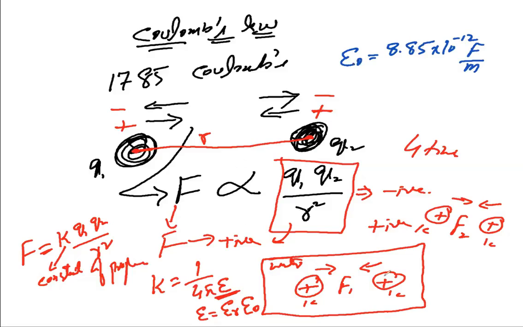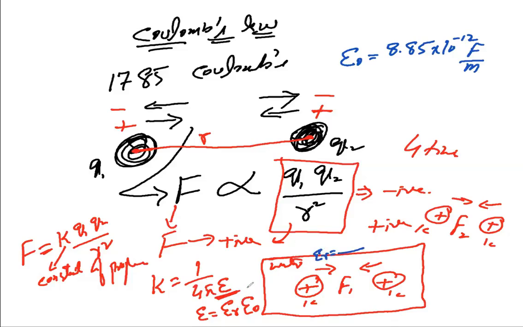So if you want to apply Coulomb's law over here, you will use this formula: F equals k Q1 Q2 divided by R square, where k will be equal to 1 divided by 4 pi epsilon. And the relative permittivity will be given to you. If the question is like this, find the force between two charges placed in water, and the relative permittivity of water is this, then you will use this.